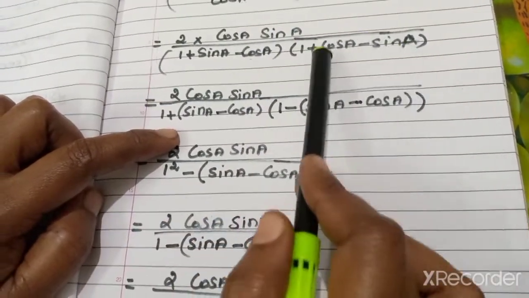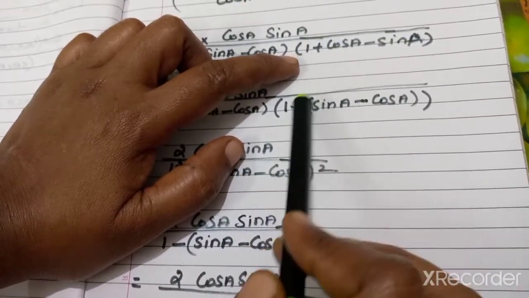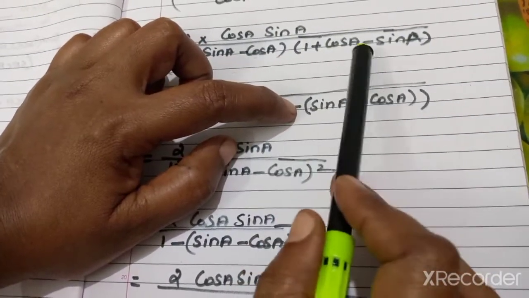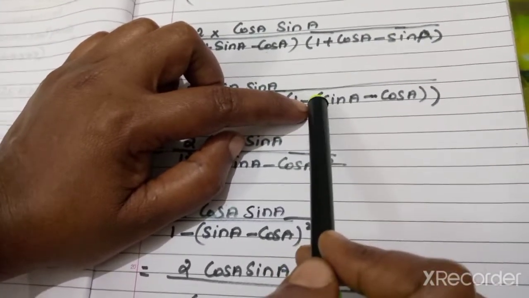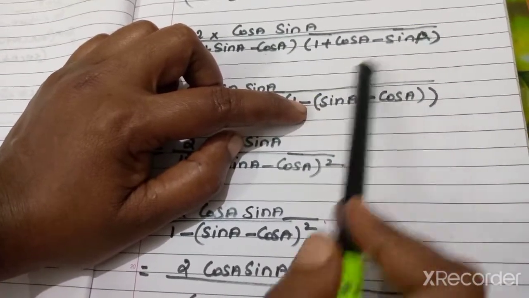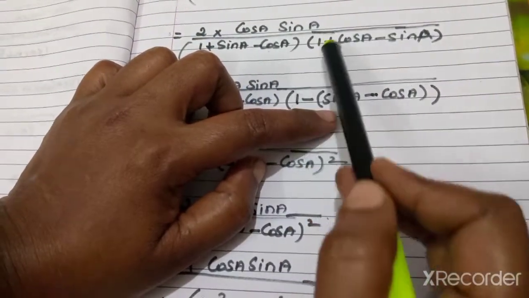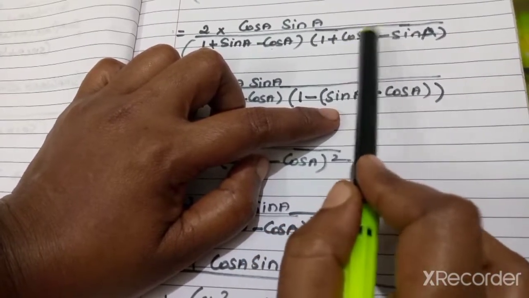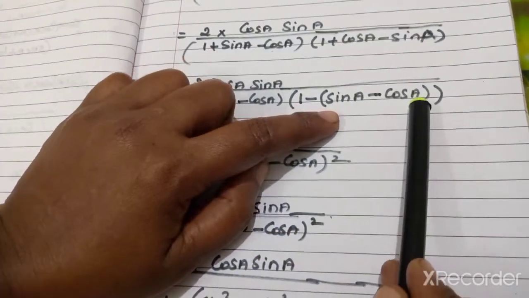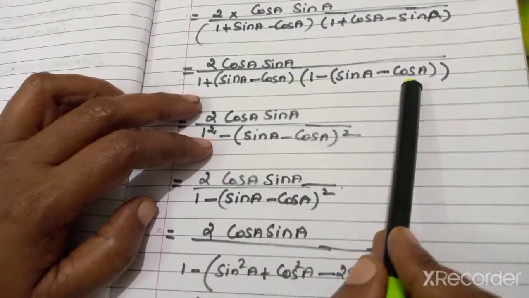Now this term, this one we are going to write in A minus B form, A is 1, so minus B form, so this minus, let us take outside, so this becomes plus sin A. From here minus we have taken out, so it becomes minus, minus into minus plus, so this term we have to write minus cos A.